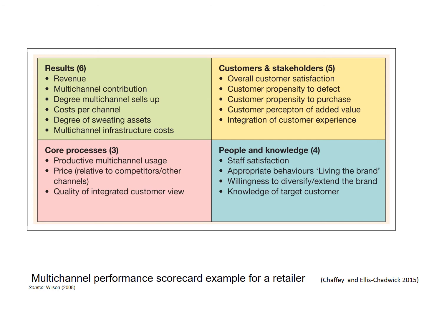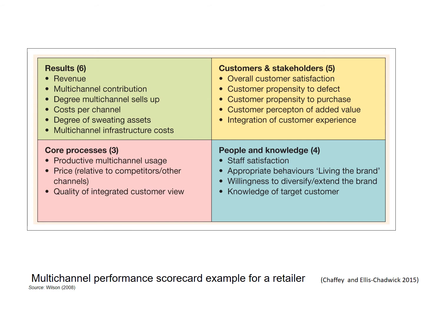Here we have the multi-channel performance scorecard. Here's an example for a retailer. So you might want to look at results in terms of scoring, performance, in terms of results, revenue, multi-channel contribution, the degree of multi-channel sell-ups, cost per channel, the degree of sweating assets, multi-channel infrastructure costs.